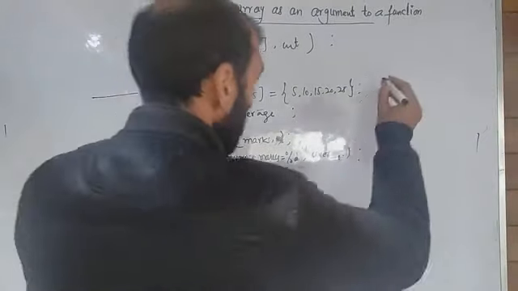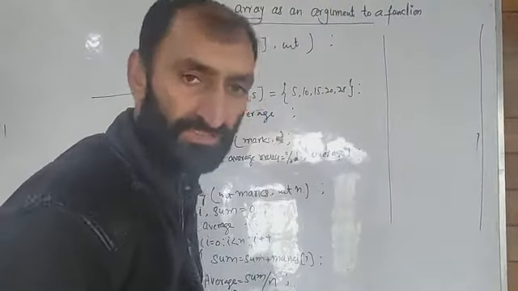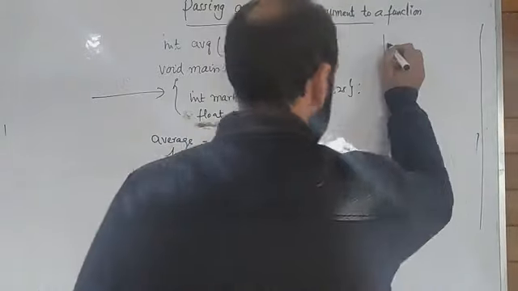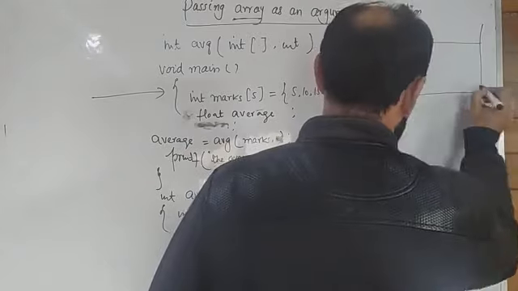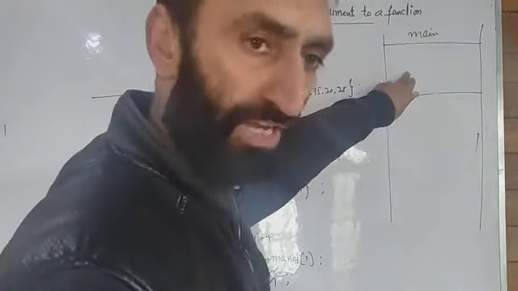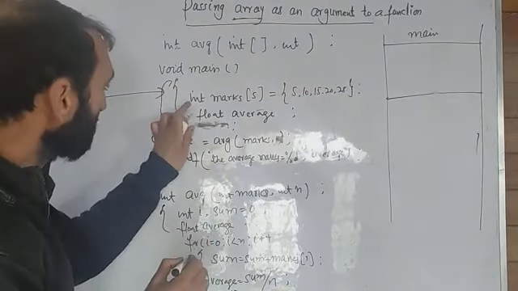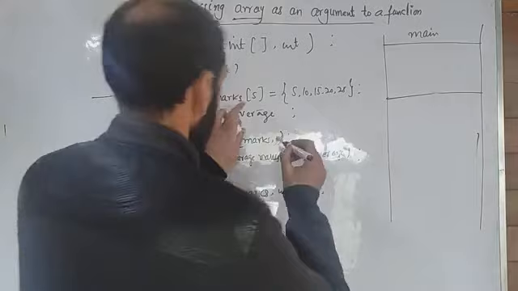In the main, for example, the memory manager provides us a memory. For example, this block of memory has been allocated by the memory manager for this main function. In the main function, what is there? There is int marks of 5.